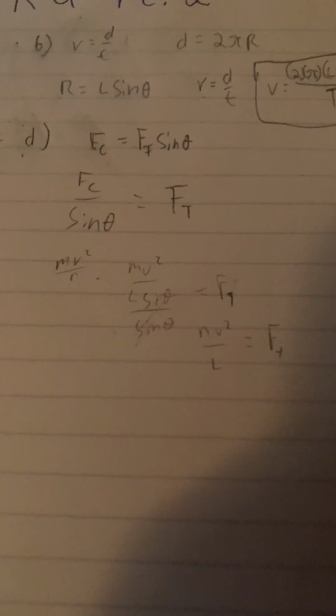We know that Fc is equal to mv squared over r. So we can now substitute to make it so mv squared over r over sine theta is equal to Ft.